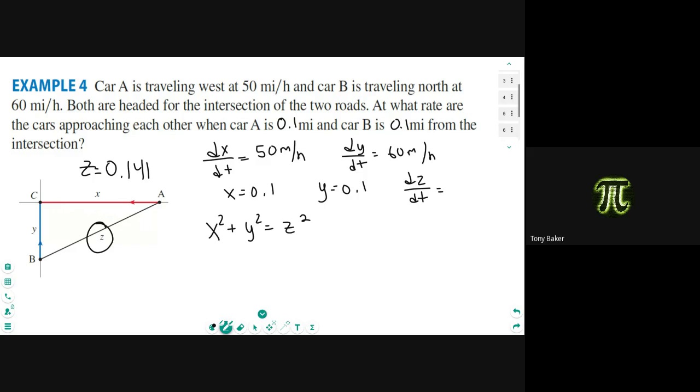All right. So what do I got to do next? Take my derivatives. So I get 2x dx dt plus 2y dy dt equals 2z dz dt.